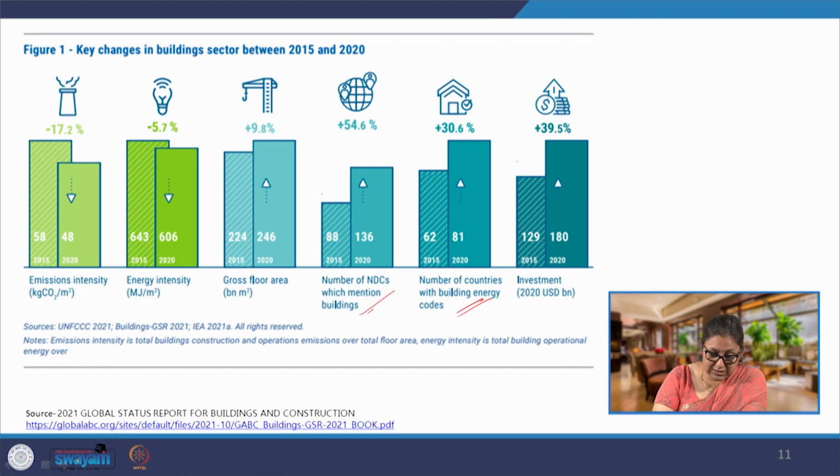If NDCs are increasing, automatically we would see a surge in building energy codes. So, more nations are coming up with mandated building energy codes. And then we also see that investment is increasing, which means that the buildings and construction industry is here to grow even further. We are seeing a lot of investment going into buildings.